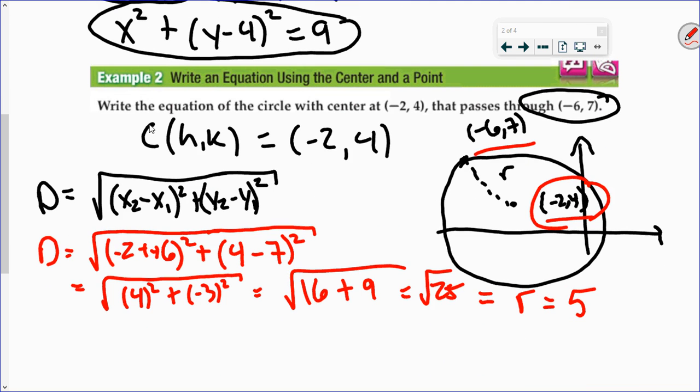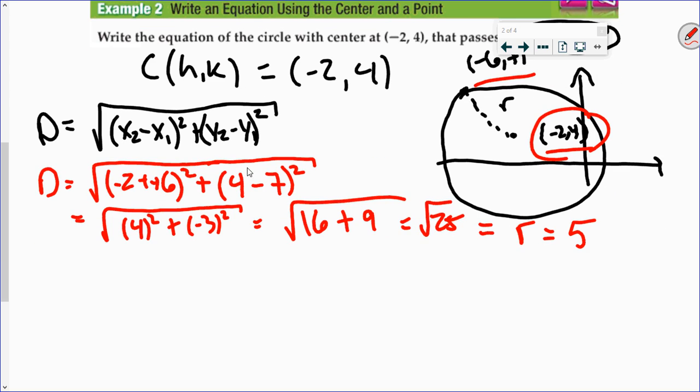All right, now we have the center (h, k) and we have the radius, so we can write our equation in standard form. Again, standard form is (x minus h) squared plus (y minus k) squared equals r squared.